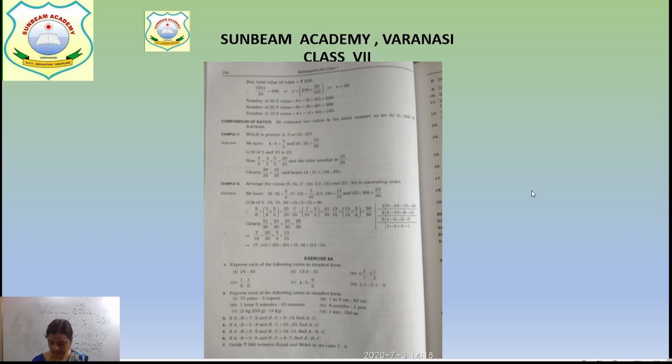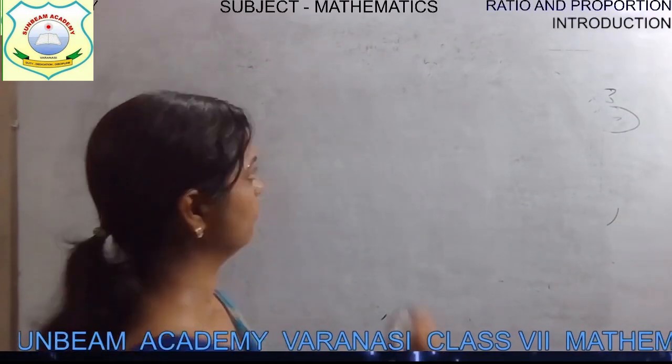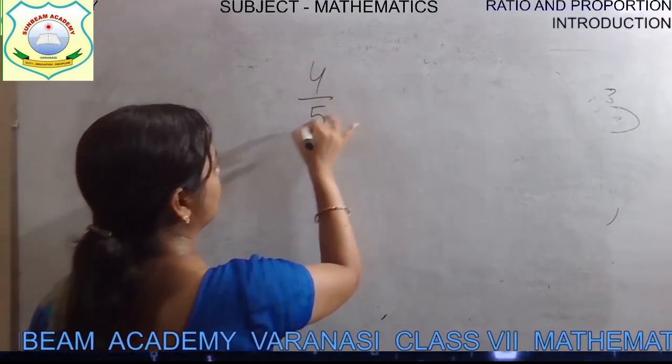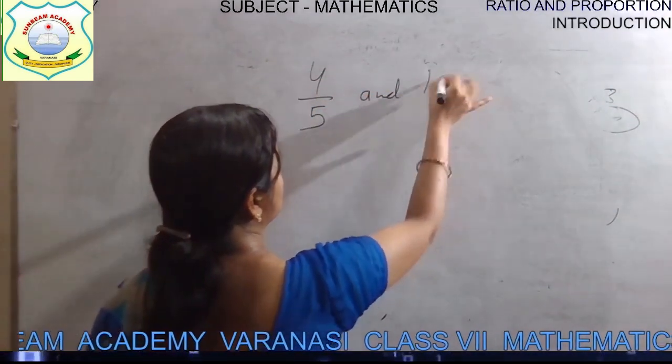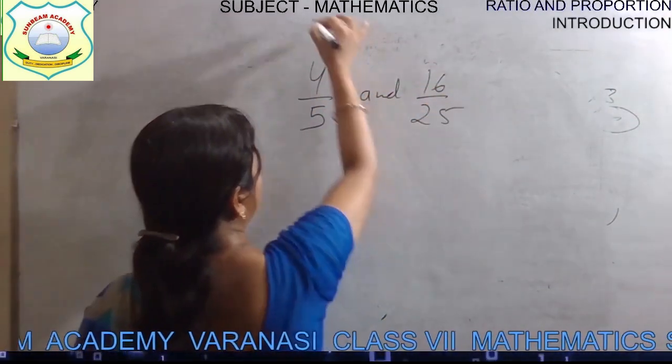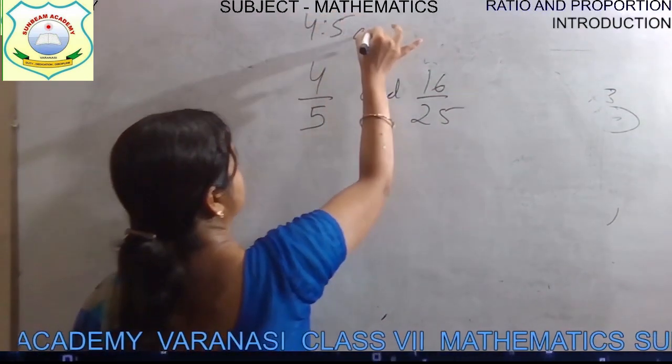Okay. Let me show you, children. One number is 4 is to 5 and another number is 16 is to 25.